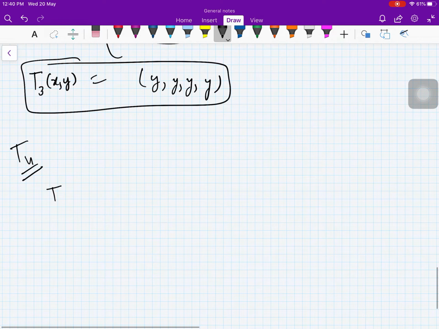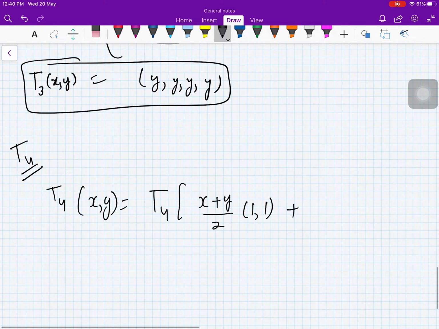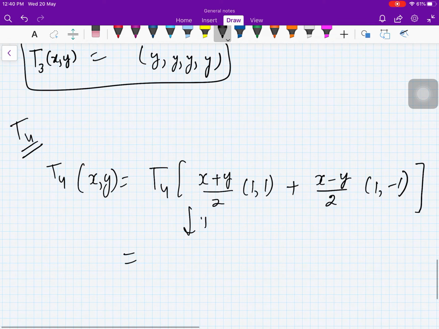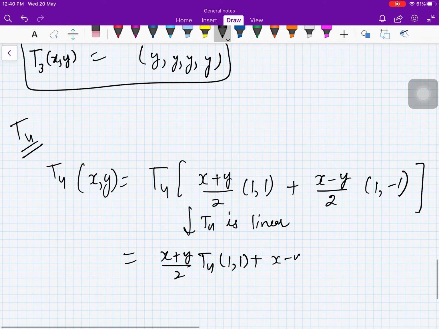Now let us look at T4. Again you'll do T4 of (x, y) equal to T4 of (x+y)/2 times (1, 1) plus (x−y)/2 times (1, −1). Because T4 is linear, you can write it as (x+y)/2 T4 of (1, 1) plus (x−y)/2 T4 of (1, −1).